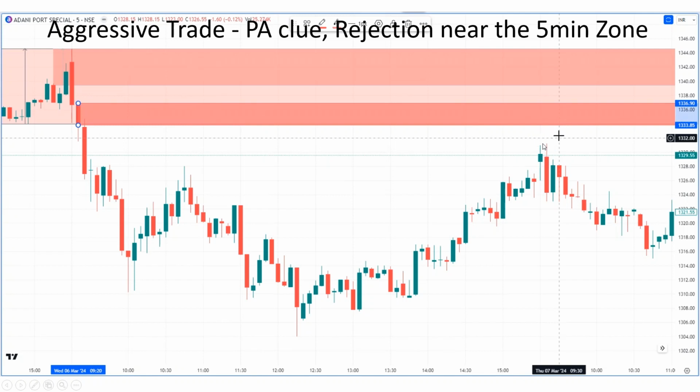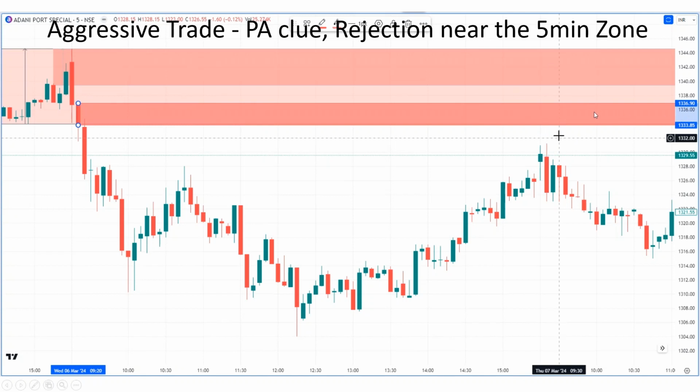Because of that, the prices went up to here, and next time again when prices are trying to enter this area, definitely the demand should consume this entire supply in this area, and then only it will enter into the 5-minute supply zone, which is not fine-tuned.